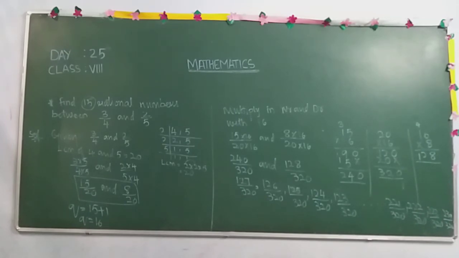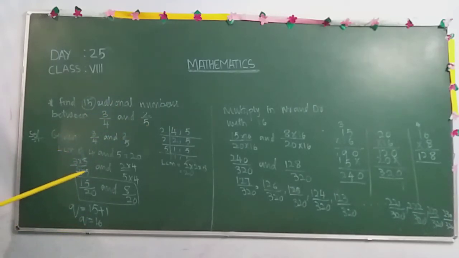I will explain the concept to you one more time. In the previous problem we solved the numbers whose denominator was the same, but here we found the denominators are different. Okay, find 15 rational numbers. 1500, how many are asked in the question? That many we can find, because between two rational numbers there are infinite rational numbers. So 15 rational numbers we have to find between 3 by 4 and 2 upon 5.